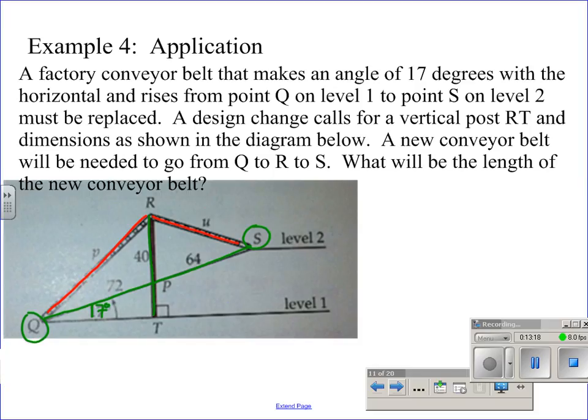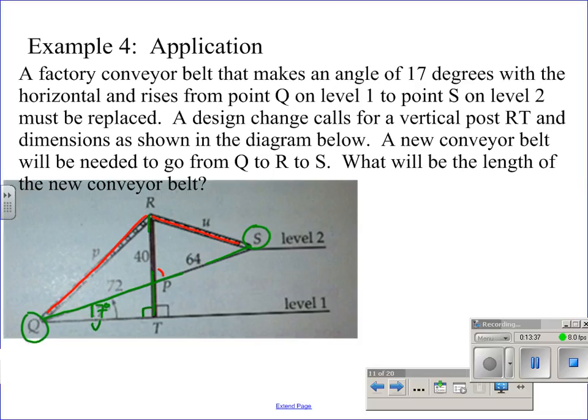So you notice looking at that, we don't have side angle side information. We're going to look at it as two different triangles. So side, side, we're missing this angle here. So if I want to find that angle, then I can use the fact that this is a 17-degree angle.